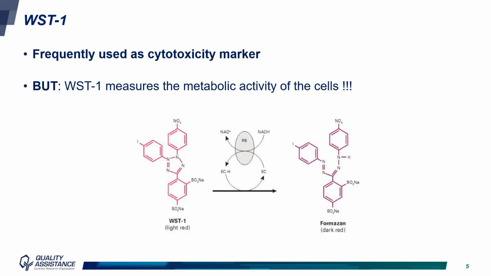However, WST1 doesn't directly measure the cell viability but measures the metabolic activity of the cells. Indeed, the assay measures the cleavage of the stable tetrazolium salt WST1 to a soluble formazan by the succinate tetrazolium reductase system. This enzyme belongs to the respiratory chain of the mitochondria and is only active in metabolically intact cells.